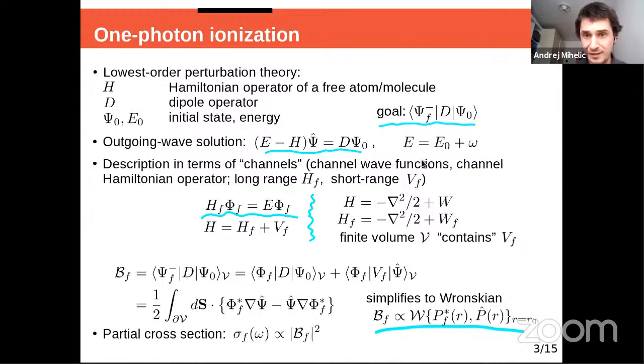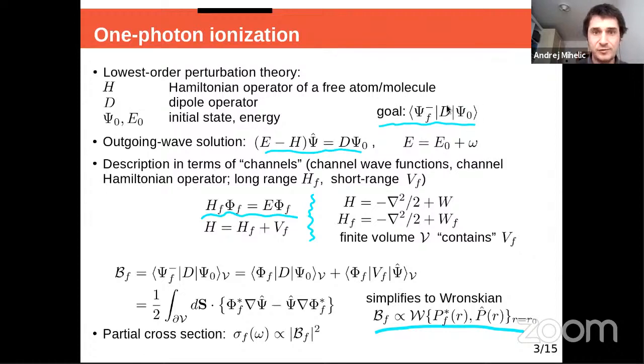So we start from an expression like this, where psi0 is an initial bound state with energy E0, D is the dipole operator, and psi f is the final state of appropriate asymptotic, which contains all final state interactions.